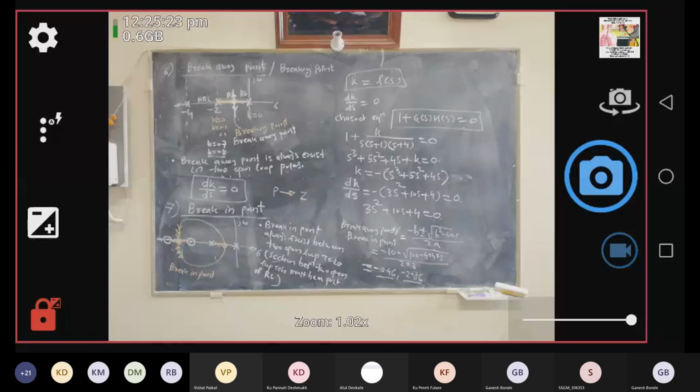Generally it is denoted by phi d, where d stands for departure, and it will be given by 180 minus phi, where this phi will be given by summation of phi p minus summation of phi z. You just note down the meaning of what you mean by summation of phi p or summation of phi z.